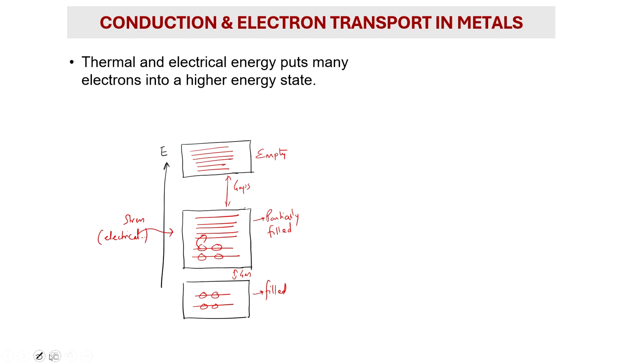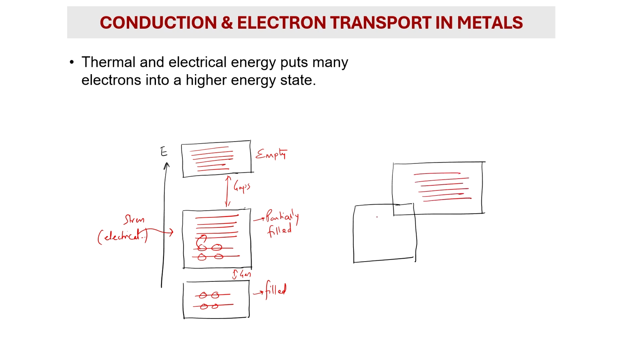Alternatively, you can have a situation where this band is partially empty, and the next band could be like this. So, this could be an empty band with states like these. Let us say this is all filled, this is just hypothetical, I know in terms of numbers it may be a little off, but although this is filled, it can always cross over. This is your case of overlapping bands.